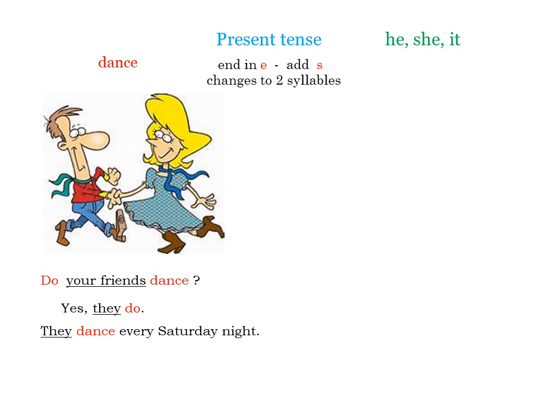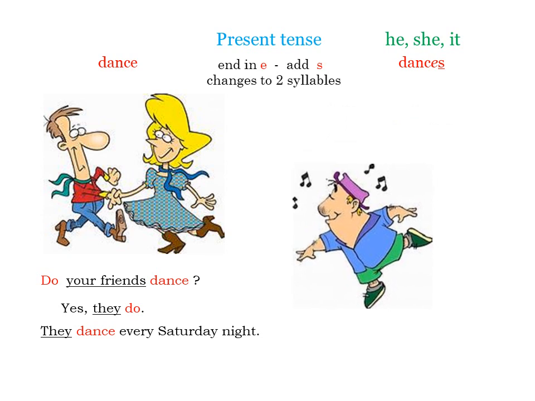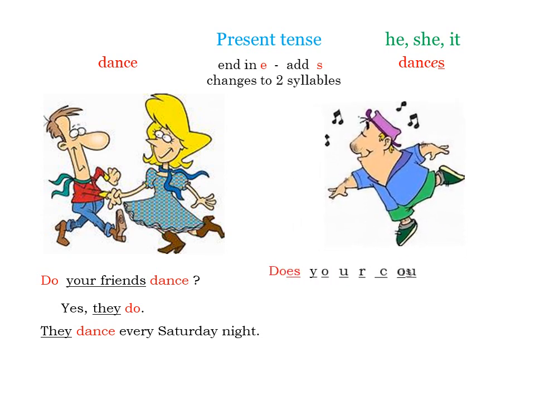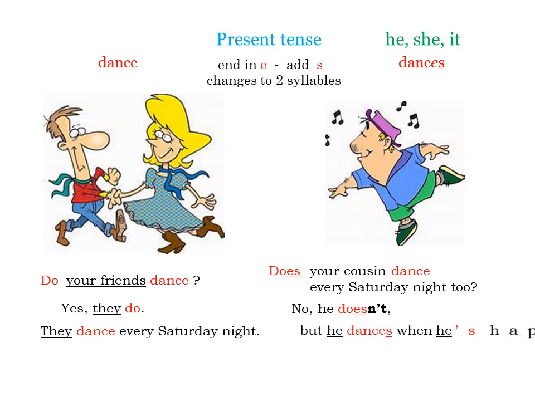For example, dance, you add an S, dances. Does your cousin dance every Saturday night too? No, he doesn't. But he dances when he's happy. He's the contraction for he is. He dances when he's happy.